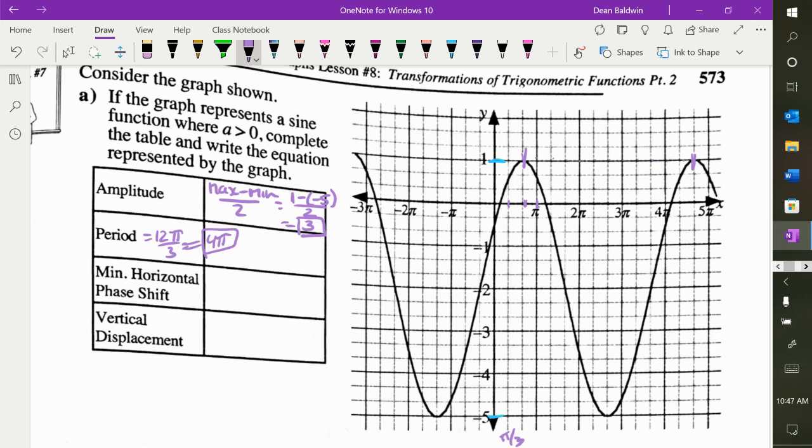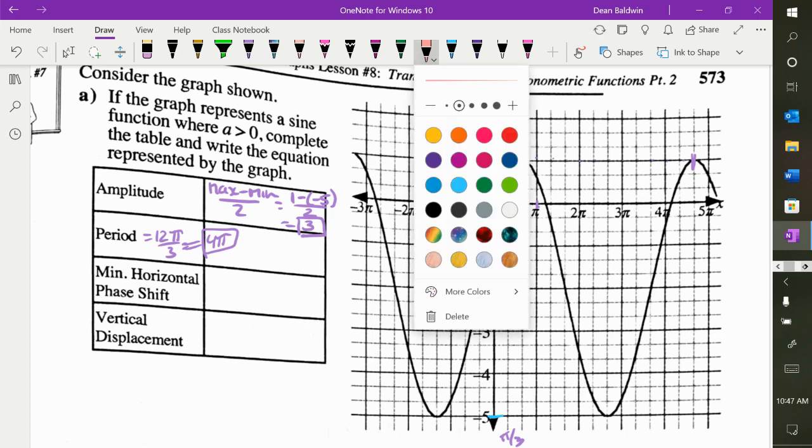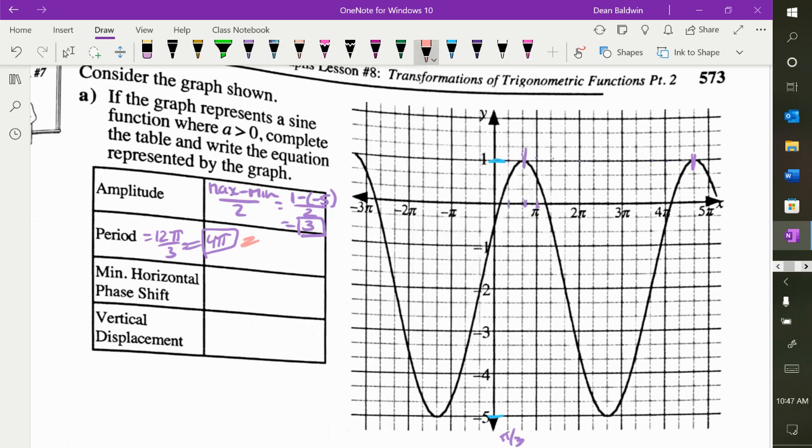There's our period. Period is equal to what over what? To find the b value. So period is equal to 2 pi over b. So what's my b value? 1/2 pi. Not 1/2 pi, just 1/2, right? Because the pi's will cancel.